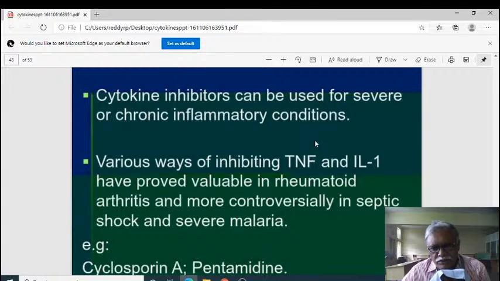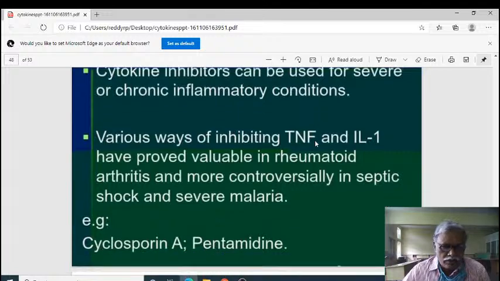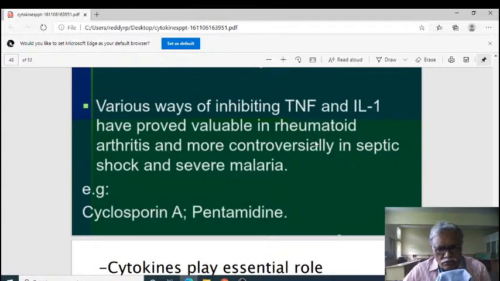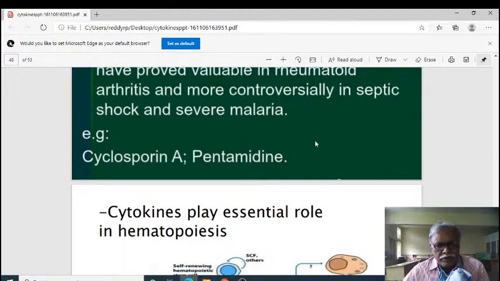Various ways of inhibiting tumor necrosis factor and interleukin 1 have proved valuable in rheumatoid arthritis, and are controversial in septic shock and severe malaria also. Cyclosporin A and pentamidine.